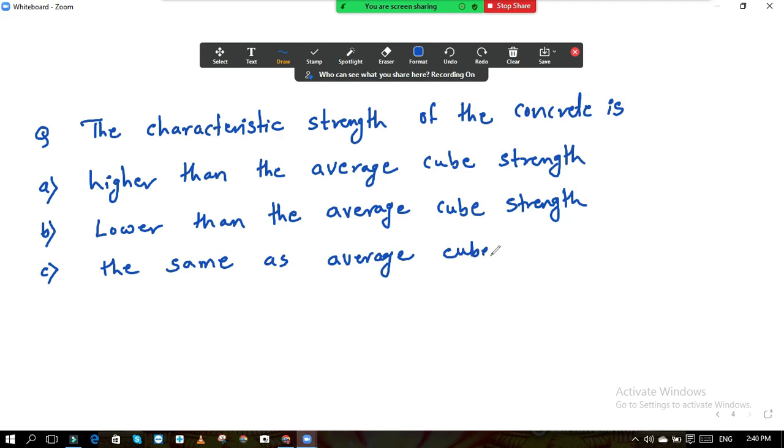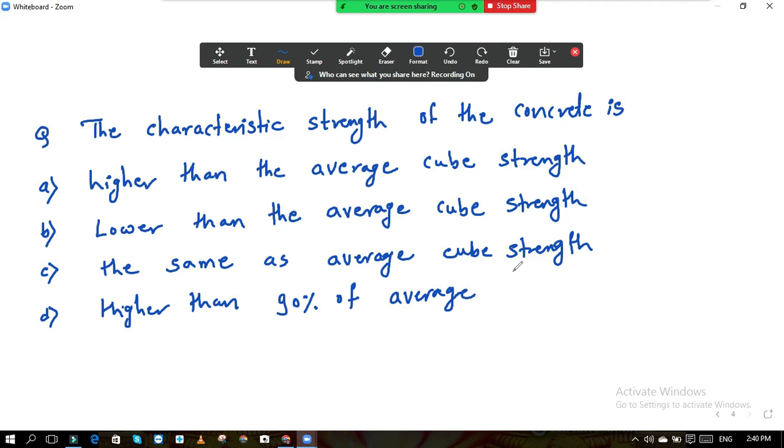Option D, higher than 90% of average cube strength.